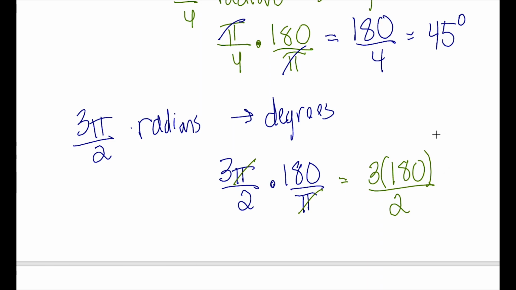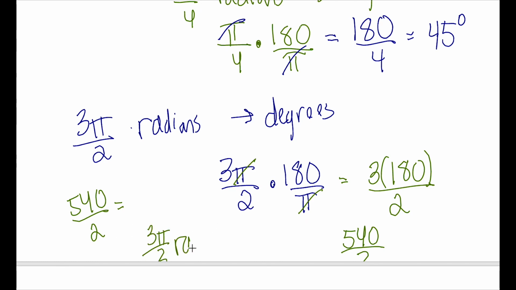So 3 times 180 is 540. Divide that by 2. And 3 pi over 2 radians equals 270 degrees.